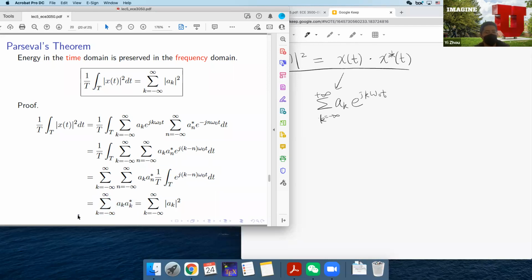And a_k times a_k conjugate is simply the magnitude of a_k to the power of 2, which is the right-hand side of the equation. So here we are just utilizing the Fourier series representation of the signal, and then following some basic calculations, we can derive this Parseval theorem.